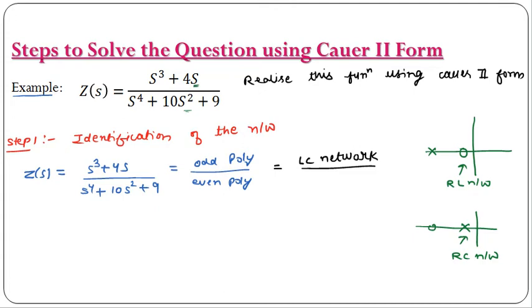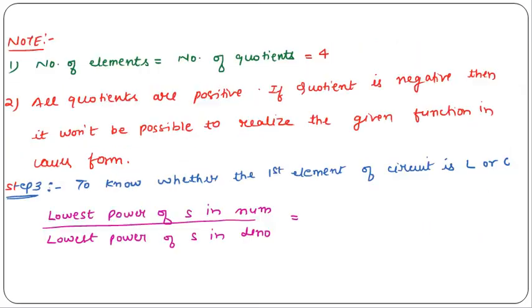We don't have to consider the coefficient, and the lowest power of s in the denominator is s power 0. So this will be equal to s power 1 in the numerator and s power 0 in the denominator. s power 0 is 1, so we are simply getting s. This s means that the first element is inductor.